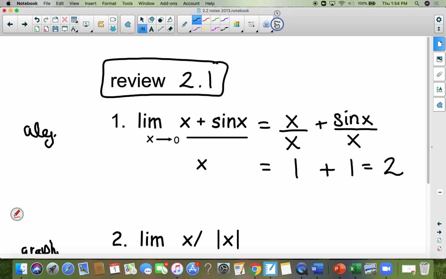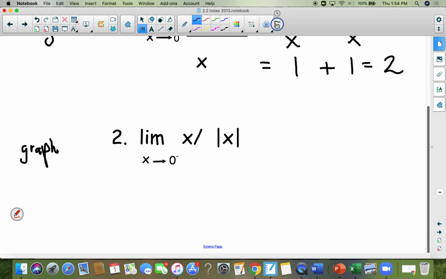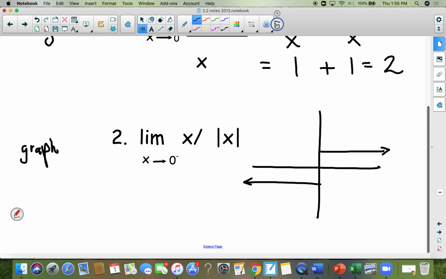Okay, let's do this one. That's showing your work algebraically. We're going to do this one graphically. If you plugged in x divided by the absolute value of x, it looks like this. This is 1, and this is -1.